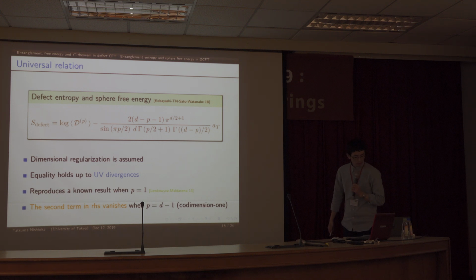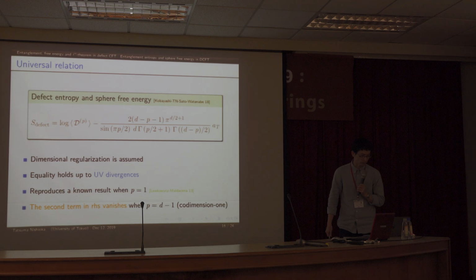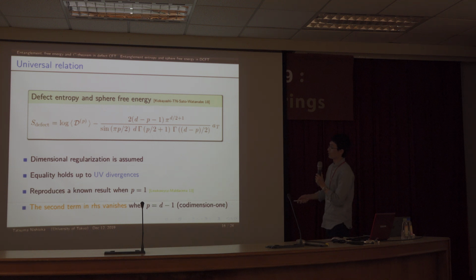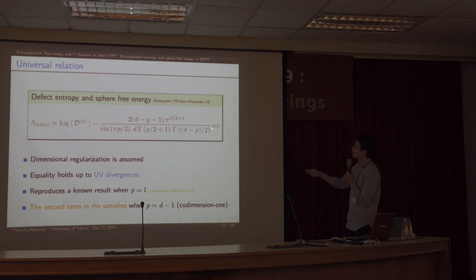It's not difficult to evaluate the contribution from this term using dimensional regularization. So we found that the defect entropy is now given by this. The leading term is given by the log of the vev of the defect. But there is a contribution from the second term, which is proportional to a_T.